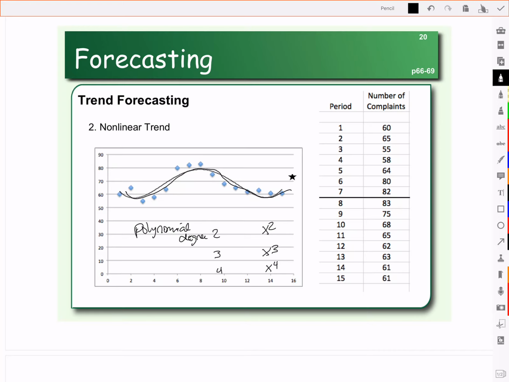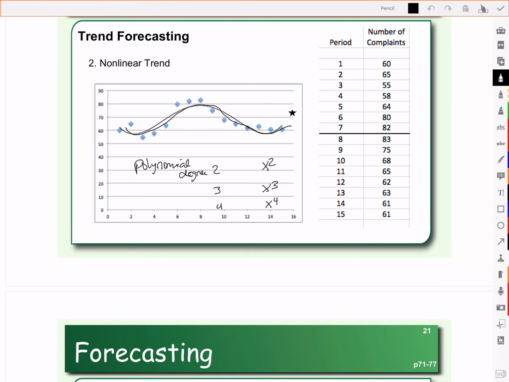So for example, let's say we fit a polynomial of degree 4. If we fit a polynomial of degree 4 in Excel, we get our forecast for period t is equal to 0.0204 t to the 4th minus 0.649 t to the 3rd plus 6.4066 t squared minus 19.891 t plus 7637.